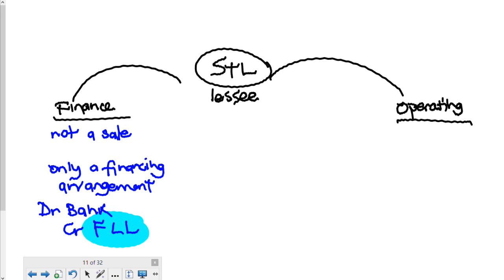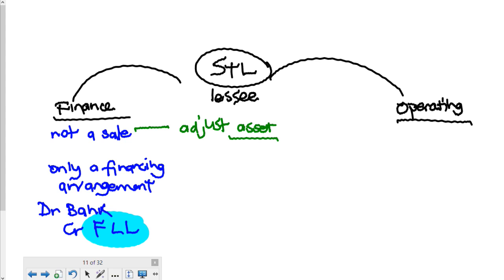Yeah. So there is only one more thing that is a little bit strange with the finance lease liability. We don't sell the asset, but we will adjust the asset. And we will adjust the asset for two things.